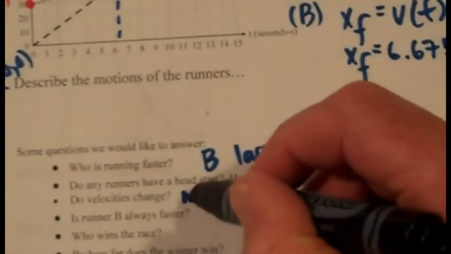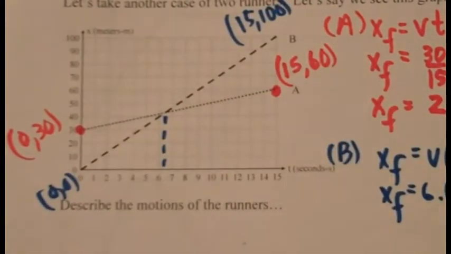These runners are staying at their respective velocities. It's like these runners have cruise control on. They're not getting faster, they're not getting slower, they're just staying at their speeds. So do velocities change? No. Is runner B always running faster? Yes, because runner B always has a larger slope than A.